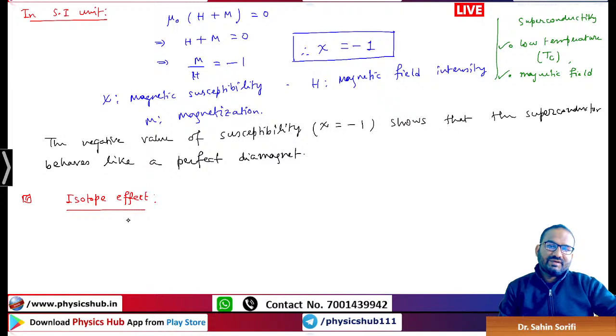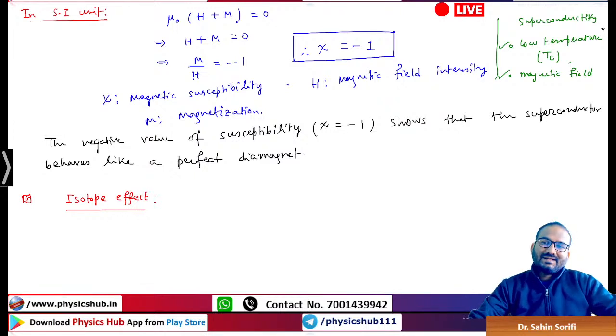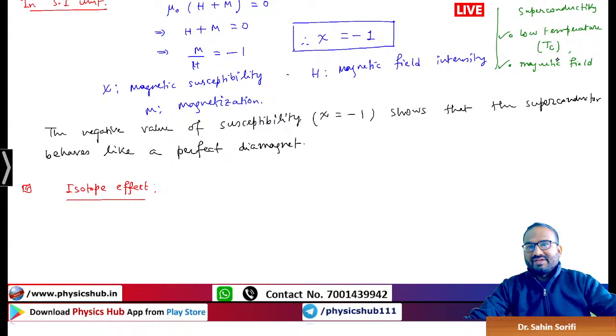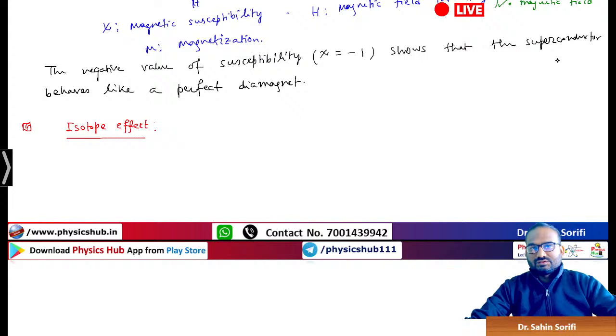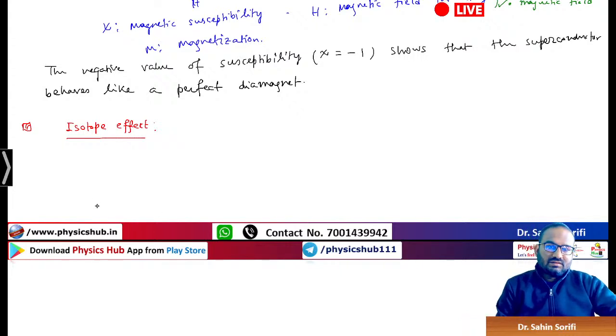Now the isotope effect. This critical temperature is found to vary based on the different isotopes of a particular element.